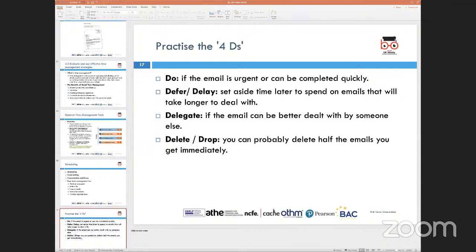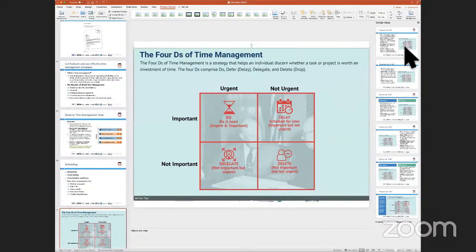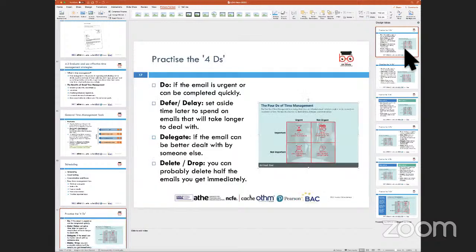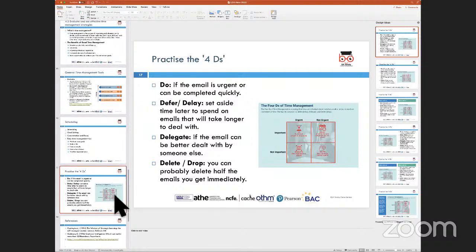So things which are urgent and important, what you're looking at doing is essentially categorizing them into these 4 types, and they would then be things that you would work on depending on whether it's a delay, a delegate, a defer, or a delete. And they would be useful for you in managing your time effectively within the organization, and would be classed as a time management strategy.